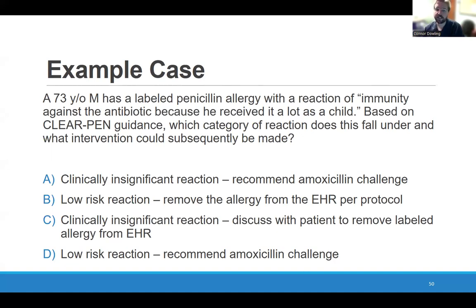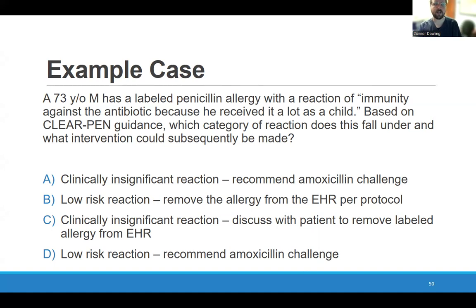Is this a clinically insignificant reaction where we recommend an amoxicillin challenge? Is this a low risk reaction where we remove the allergy from the EHR per protocol? Is this a clinically insignificant reaction where we discuss with patients to remove the labeled allergy from the EHR, or is this a low risk reaction where we just go ahead and recommend our amoxicillin challenge?